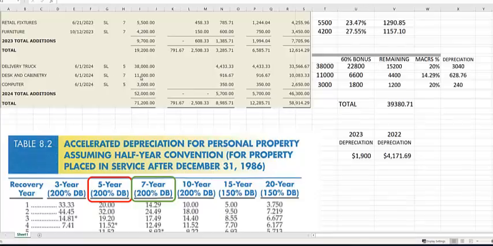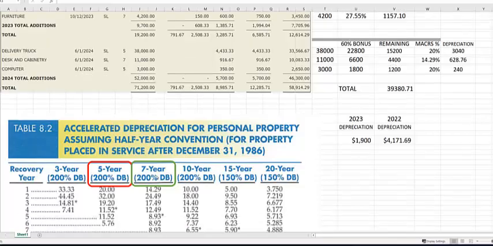The desk and cabinetry had a basis of 11,000. We took an expense of $6,600, which leaves a basis of $4,400. This is a 7-year item, year 1 recovery. So 14.29 is the rate that we're going to depreciate the 4,400 remaining basis.